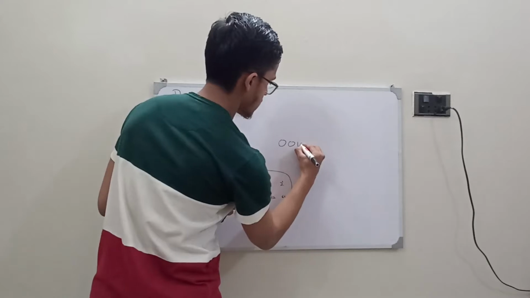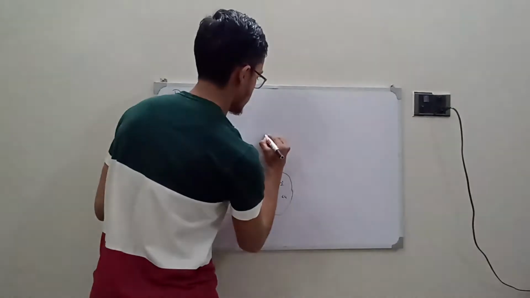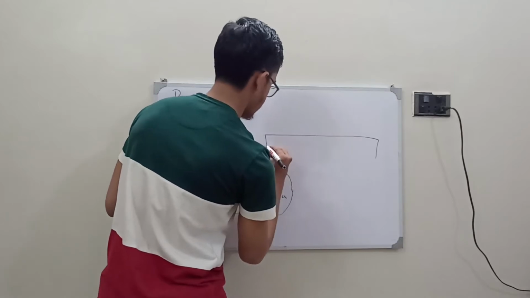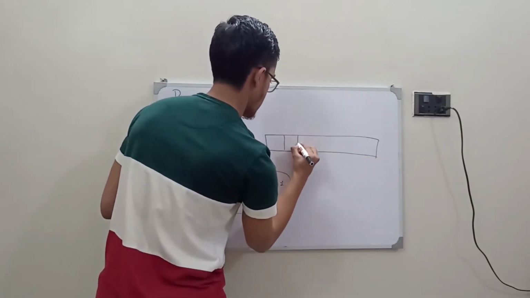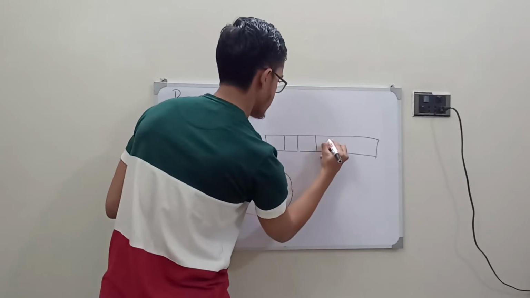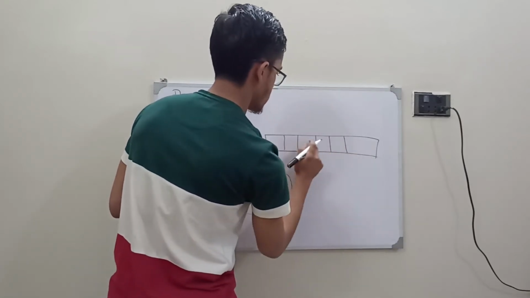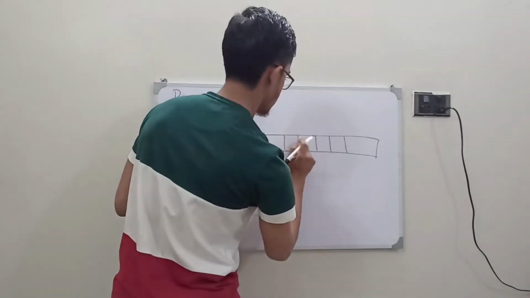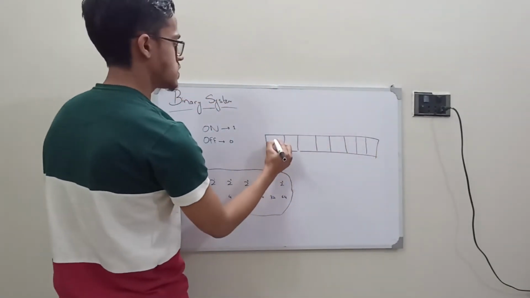Let's say 0010. Wait a second, let me make boxes to make it even clearer. So, 8 boxes.